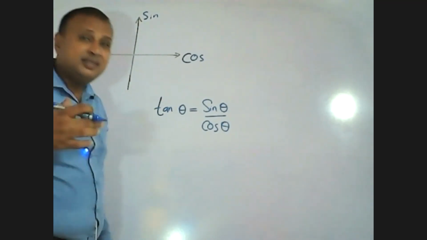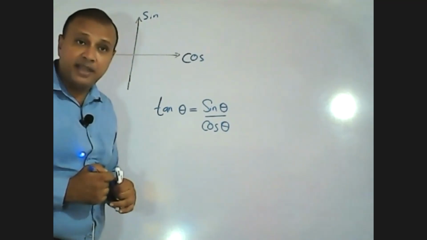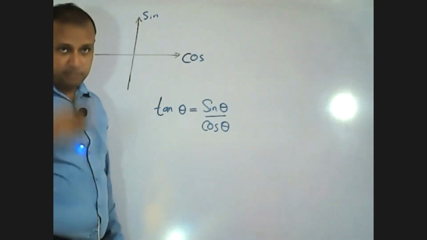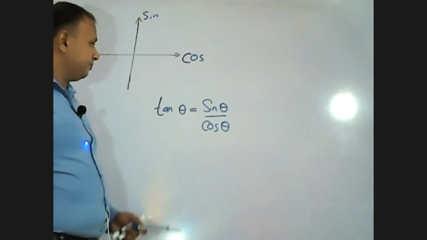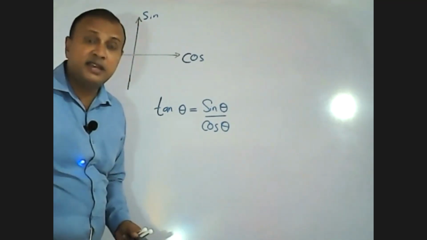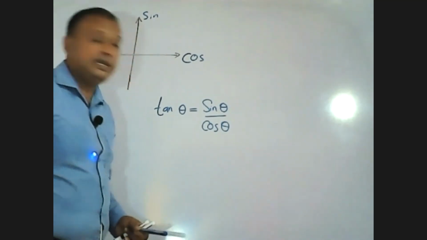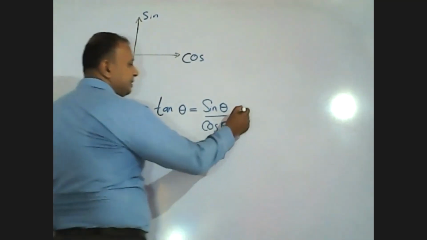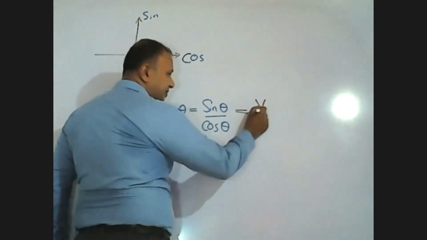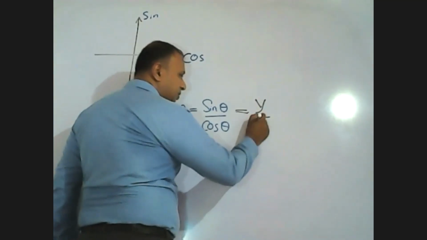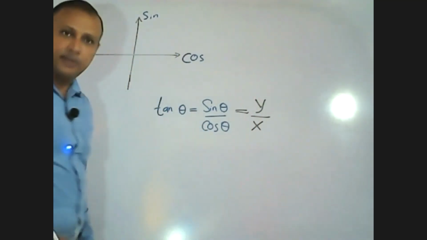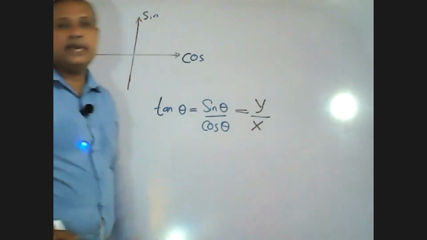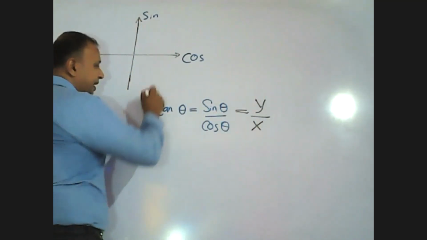So this relationship is used to define tan theta. Sine theta is equal to the y-axis value and cos theta is equal to the x-axis value. Therefore, tan theta is equal to y over x.